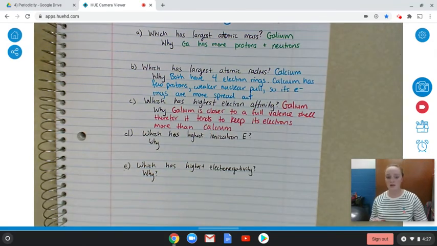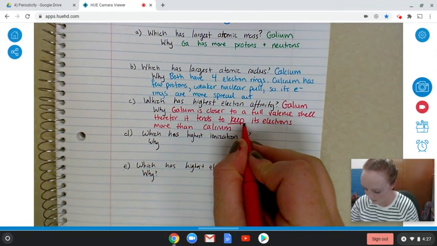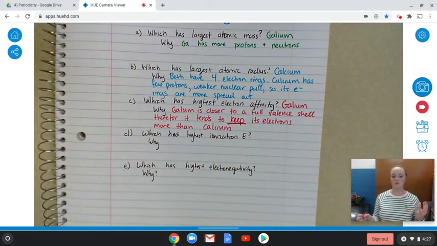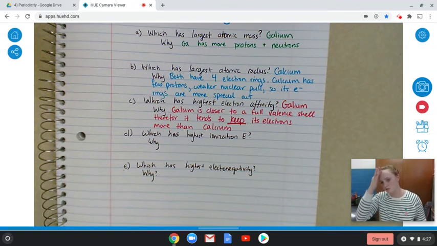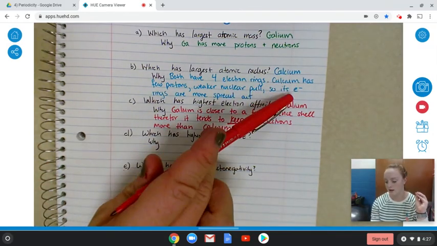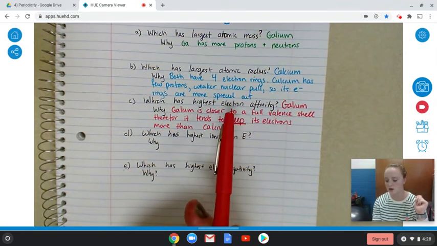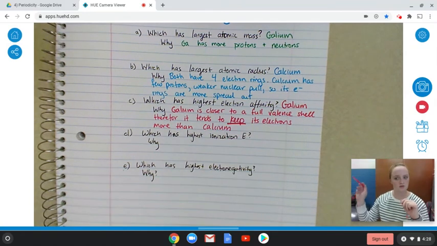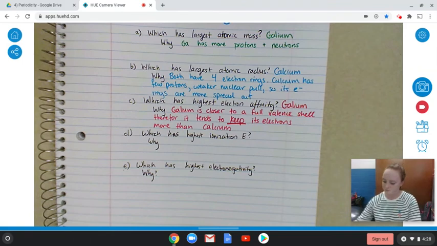Now, both atoms tend to form positive ions, so both tend to lose electrons, but calcium's going to lose them just a little bit faster because it only has 2. It's going to be a little bit more reactive than gallium. But what I'm looking for when I grade is: answer right, talk about valence shell, use the word keep. Check, check, check. You're good.